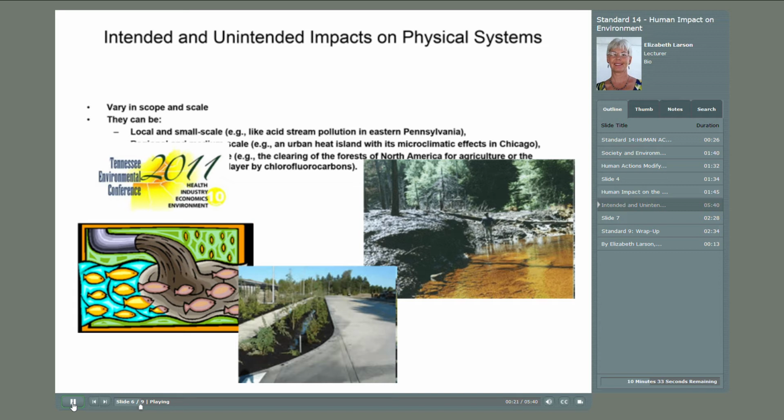They can be regional and medium scale, such as an urban heat island with its microclimatic effects in places like Chicago or Phoenix or LA or other large urban areas. And they can be global and large-scale effects, such as the clearing of the forests of North America for agriculture, or the depletion of the ozone layer by chlorofluorocarbons.